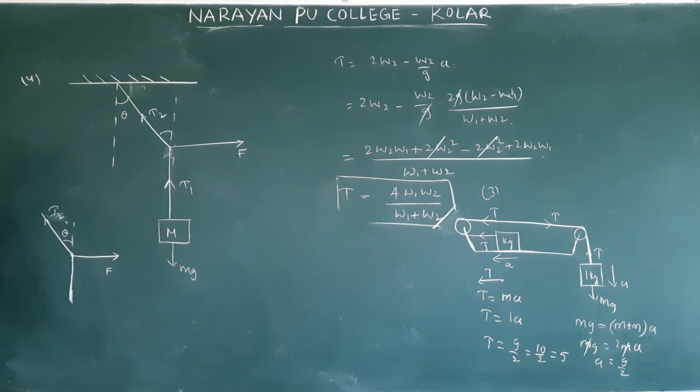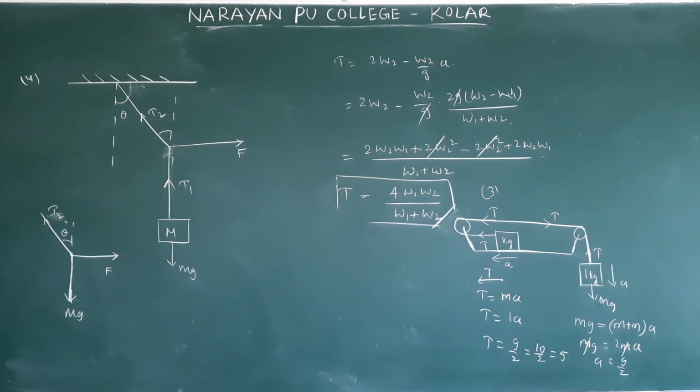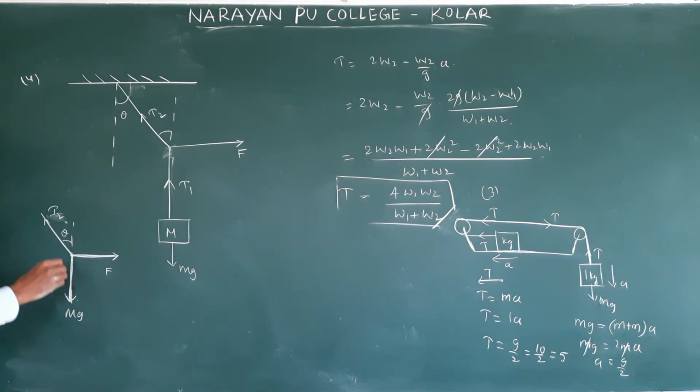Clear. This is mg, right? Now this is acting along the x-axis, this is acting along the y-axis, but this is not acting along x and y. What we have to do? Resolve this.